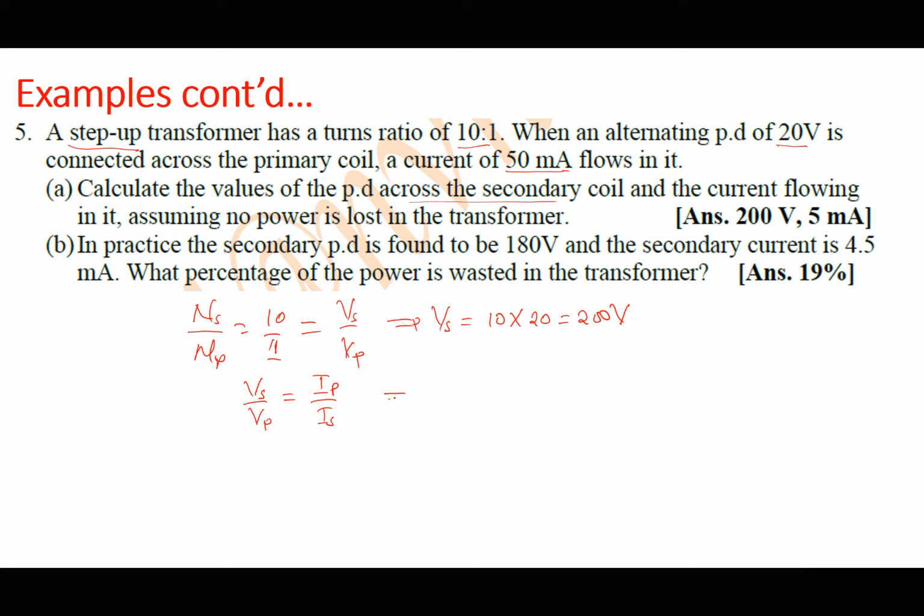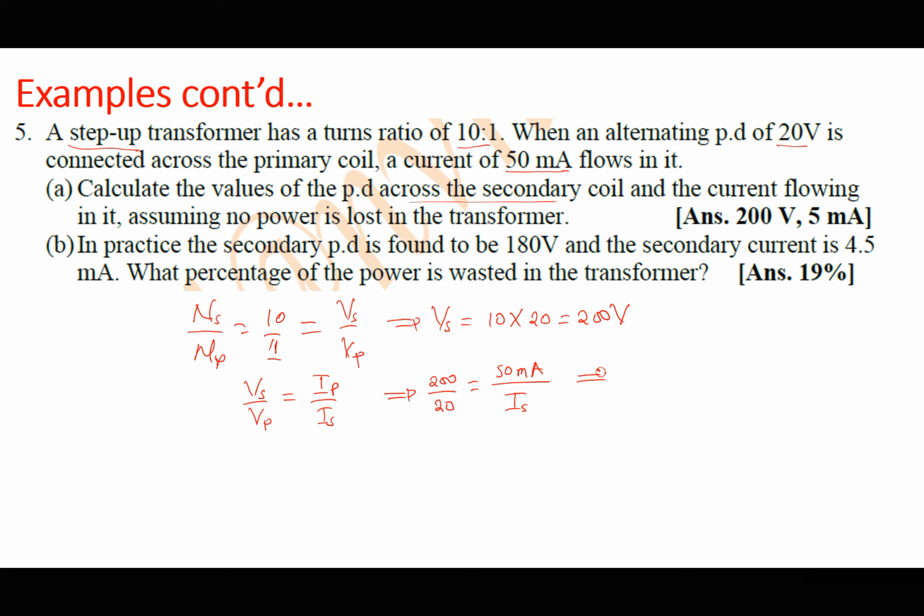So the voltage in the secondary is 200, voltage in the primary is 20, which is the same as 10 over 1, is equal to I in the primary, which is 50 milliamperes, divided by I in the secondary, which is not known. I'll just cross multiply.